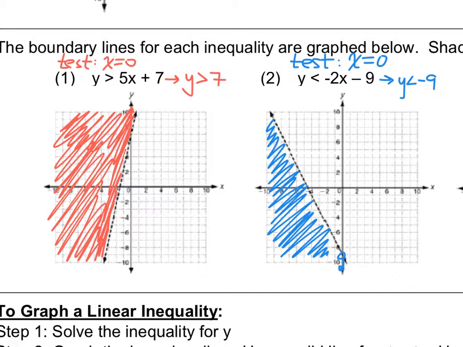Little calculator trick for you. It won't tell you dotted or dashed. It does everything with solid lines. We don't need this. If you take your original inequality and put it in as an equality, so with an equal sign, -2x minus 9, that little slashy thing on the left-hand side determines how the line is graphed.